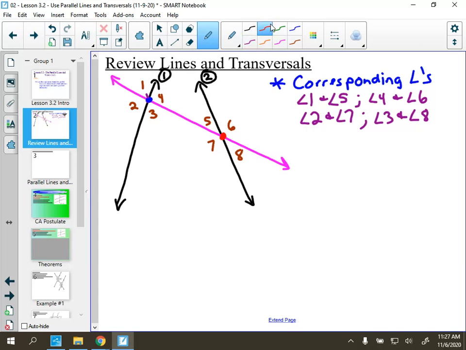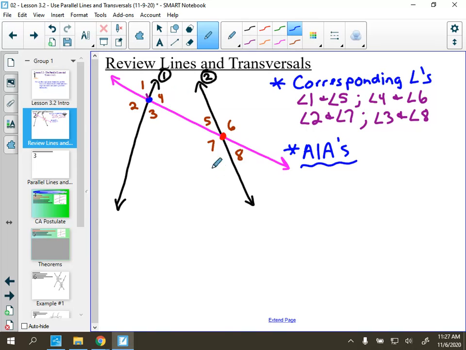Let's run through the others. What's the next one we talked about? I think it was alternate interior angles. Let's use the abbreviations. This isn't new for us. Alternate interior angles. My picture's rotated differently than in the previous lesson's example. Interior would be in between the two lines, in between lines 1 and 2.